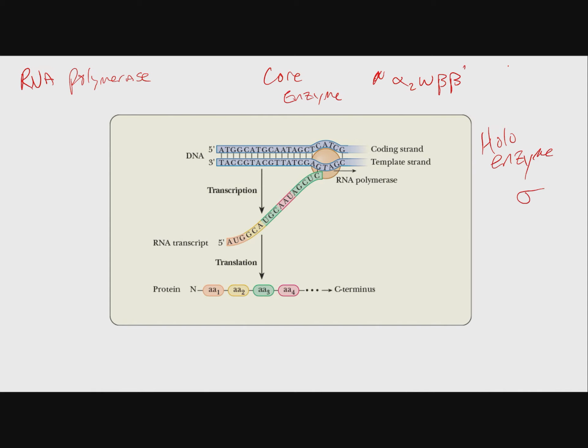The promoter regions are portions of DNA to which the RNA polymerase will bind at the start of transcription.